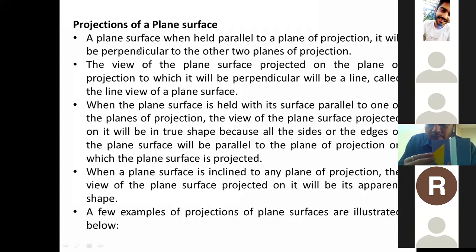So what will be the projection on this plane against which I have held it parallel? Which kind of projection will you be able to see here? You will be able to see the exact shape, true shape. Am I correct?